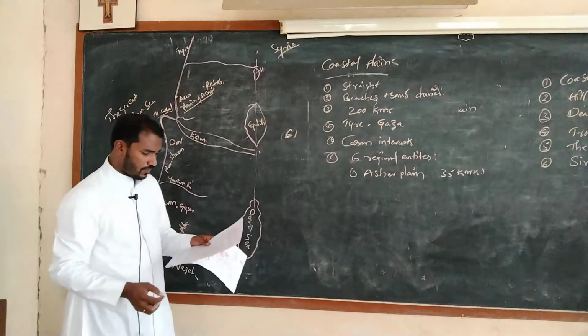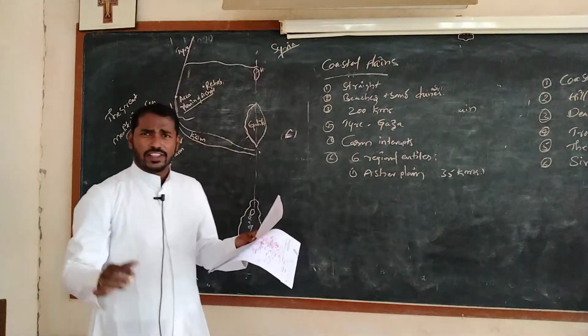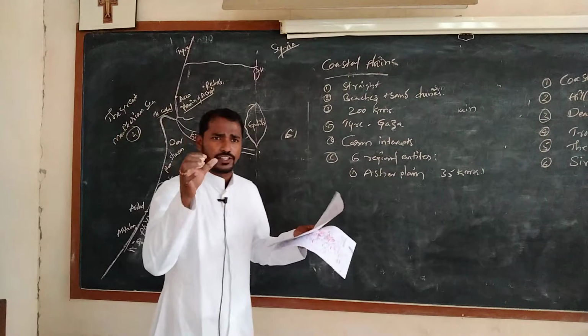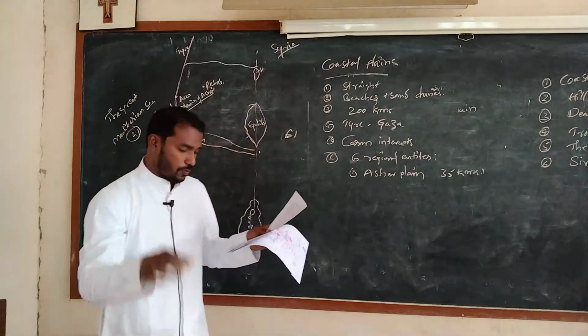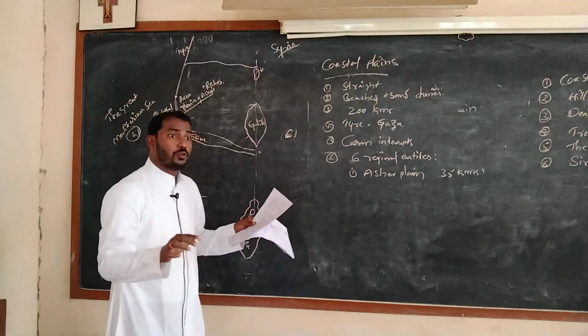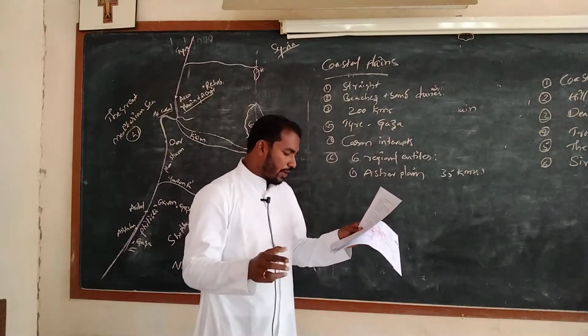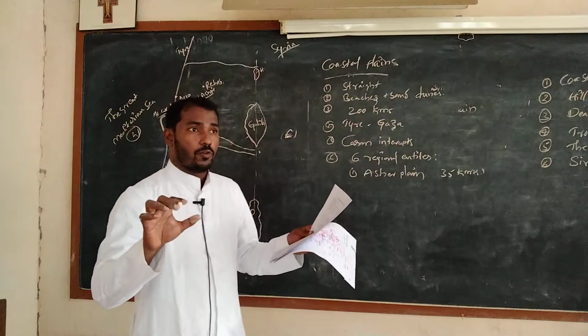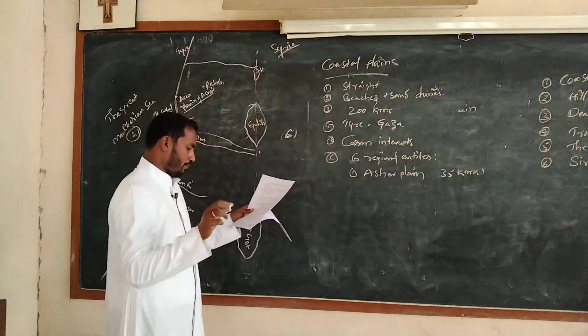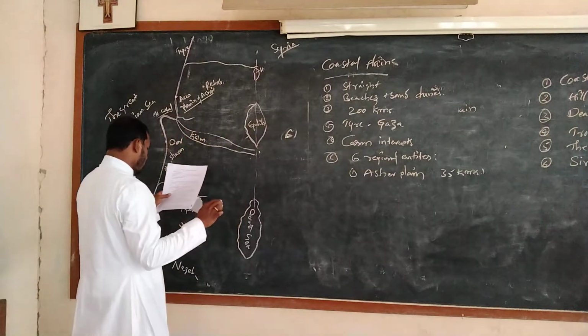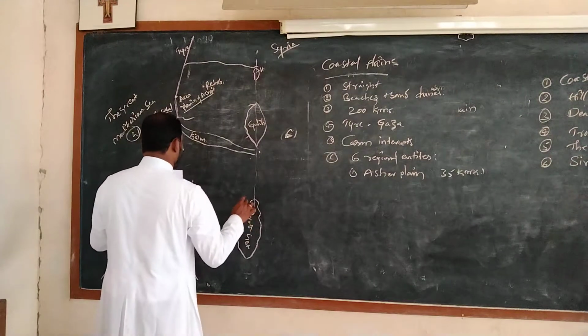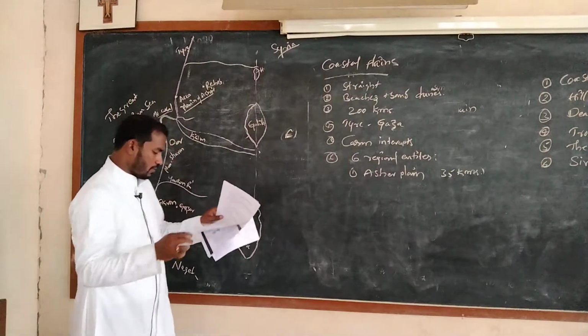Then this Akko, actually Israel wanted to have hold on this place, Akko, but they could not. Therefore, it was held by the Ptolemy. In 1st Maccabees we read about this, Ptolemy.